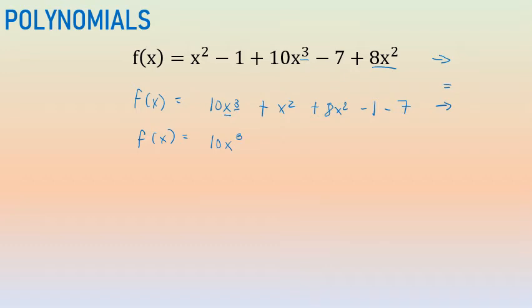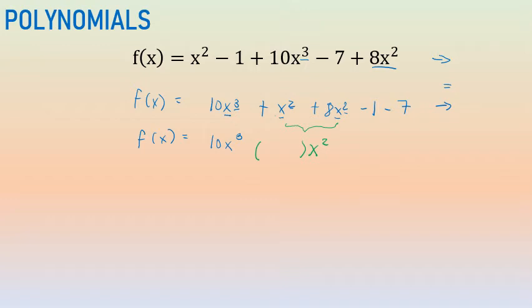Next is, ito. X squared at saka ito x squared. So they are like terms. So pwede natin siya ipag-combine. So ano ang kanyang base and exponent? We have the base is x and our exponent is 2. Then, ano ang kanyang mga coefficients?